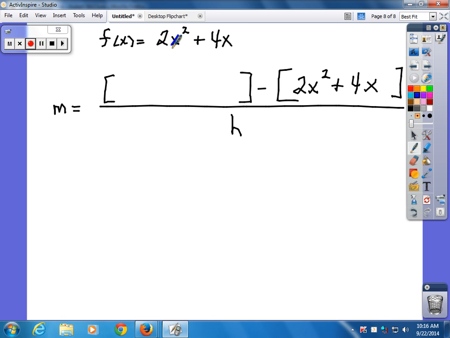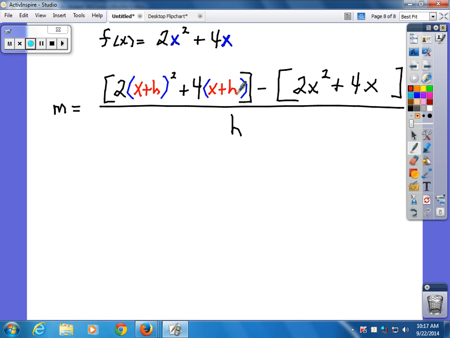Marker. I'm going to color that blue. And then wherever there is one of those, I'm going to put a blue set of parentheses. And then what's going to go into those blue sets of parentheses? Hmm?